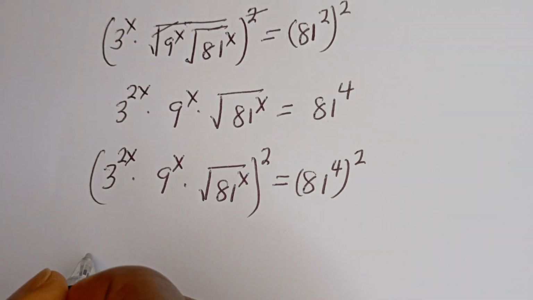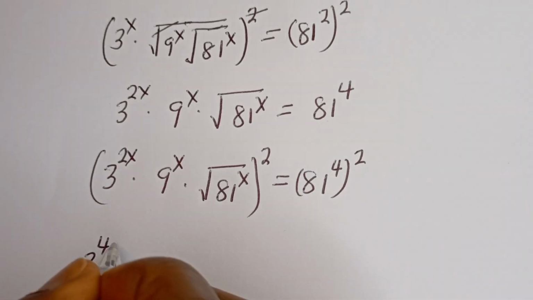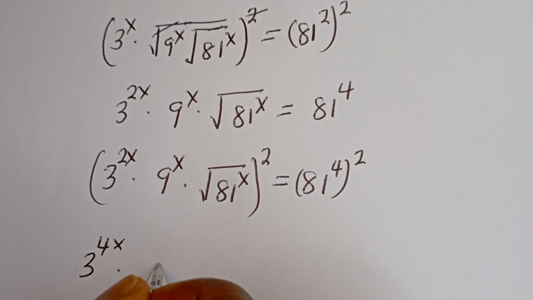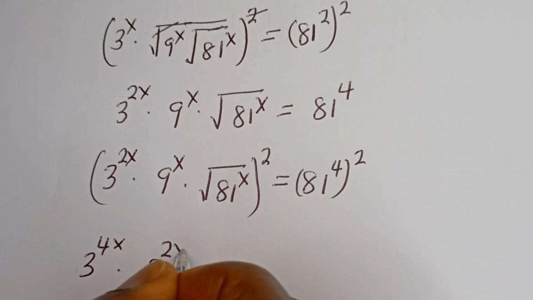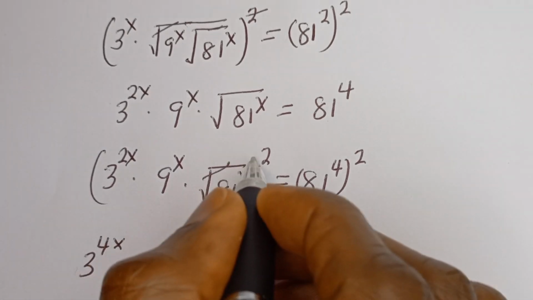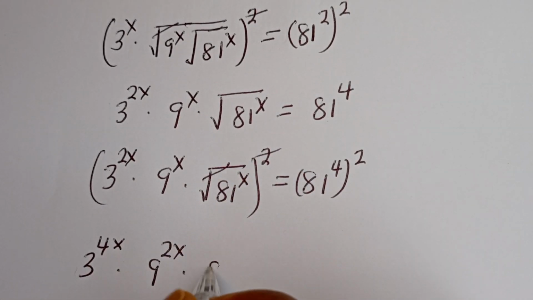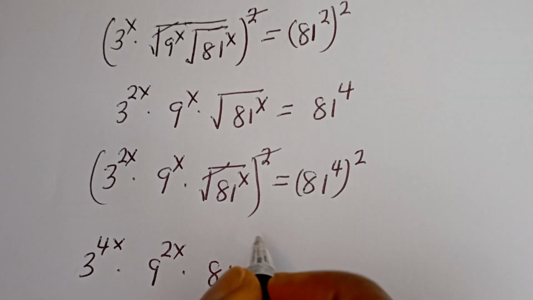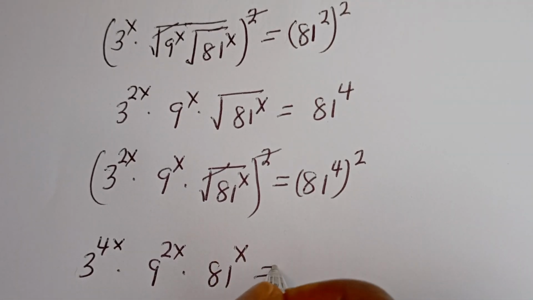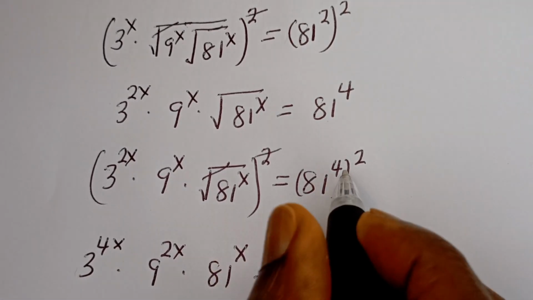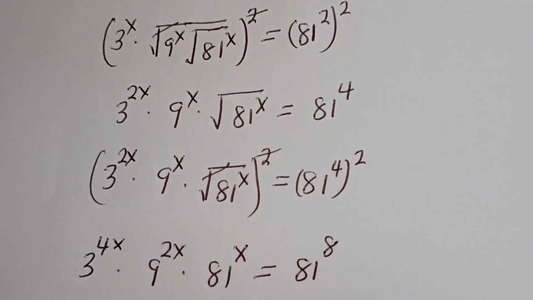Then this is 3 to the power of 4x multiplied by 9 to the power of 2x multiplied by this, we cancel this. We have 81 to the power of x is equal to 81 to the power of 4 times 2, that is 8.